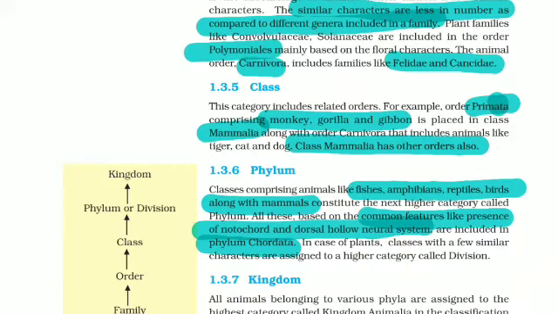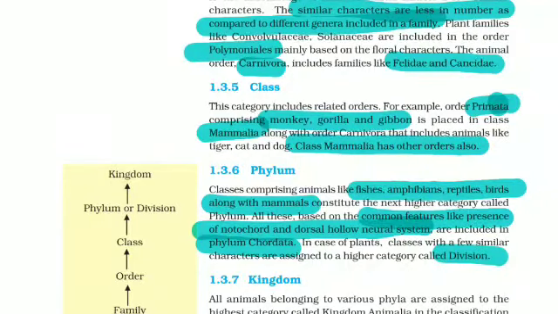For a division, you can also take phanerogams and cryptogams, which are based on the presence of seeds, whether they are naked seeded, or whether they have seeds or not. So that is the division. If you take a plant, you won't say phylum, you take it as division.